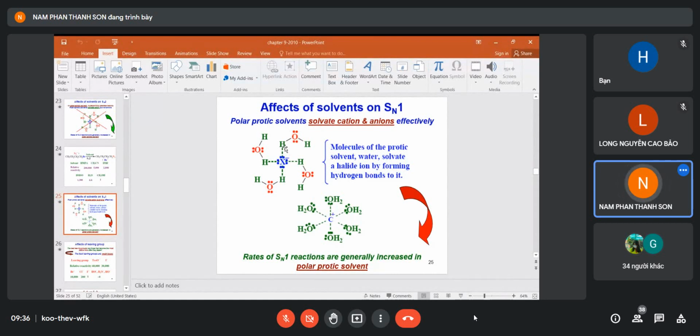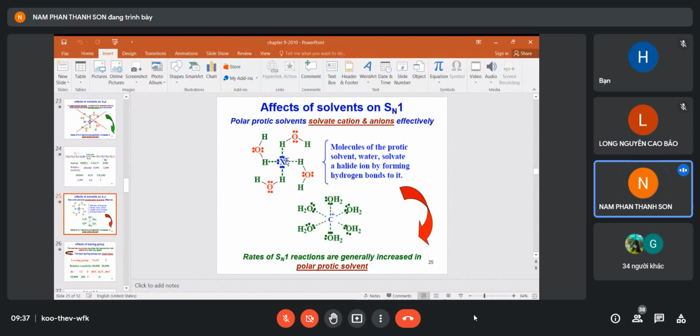The positive proton will neutralize the negative charge on the anion. So the negative charge of the anion will be decreased, and then the anion is stable. The anion is stable means we can break the C-Br bond to produce a cation and anion. That means we have SN1.